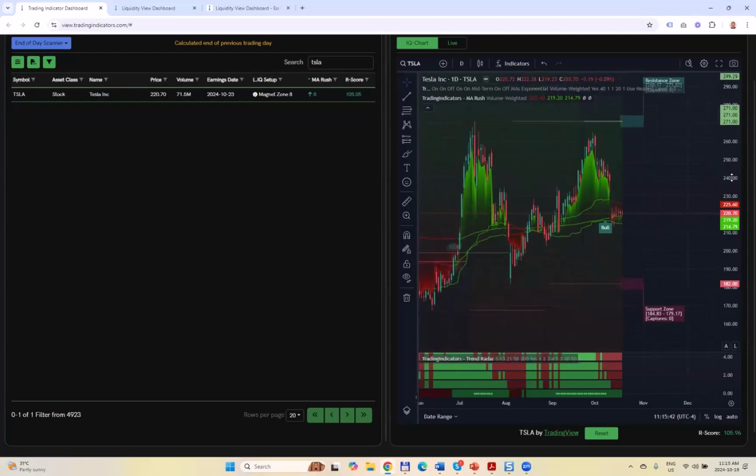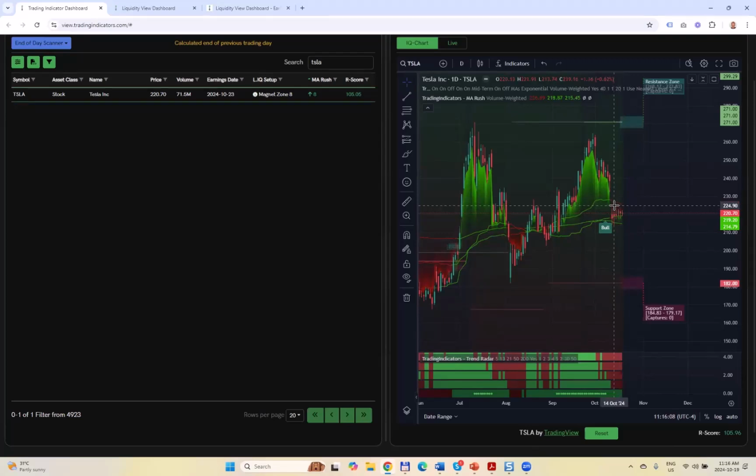That's a cool one. I like it for various reasons, but not necessarily for a directional play, because with Tesla we can see it's really almost in the middle between support and resistance. It's in a magnet zone, as we call it. Earnings are coming up. We might be a bit too close to earnings. Prices of the options may be already too expensive. But this could be an interesting candidate for a strangle options trade.